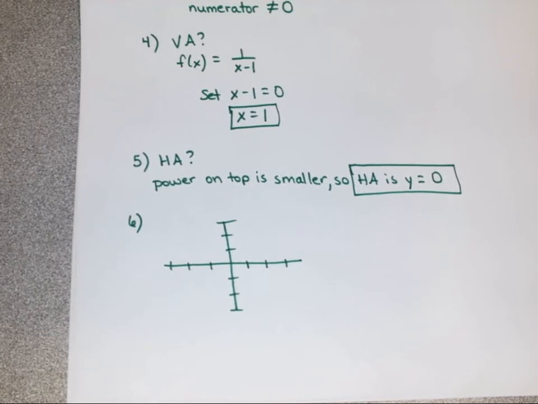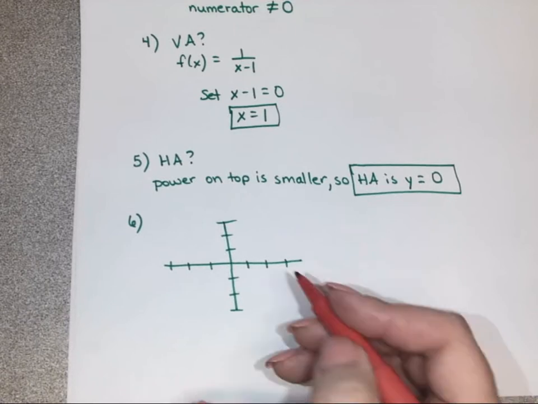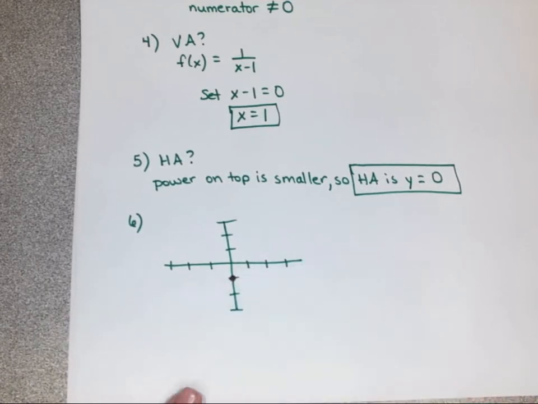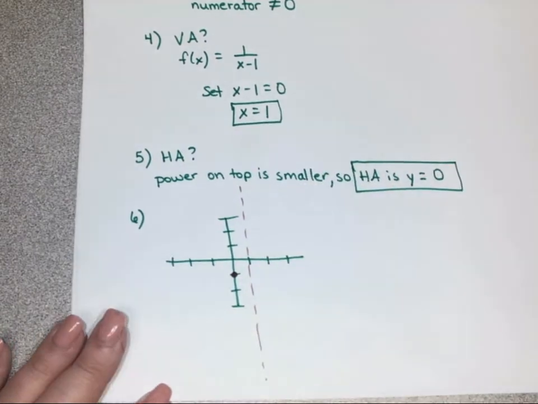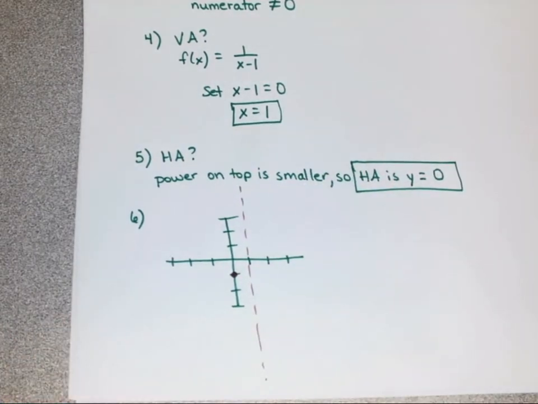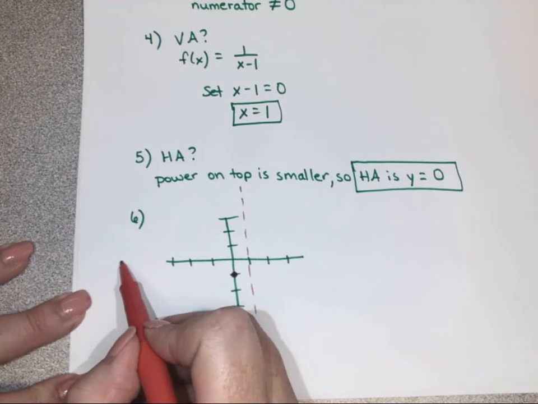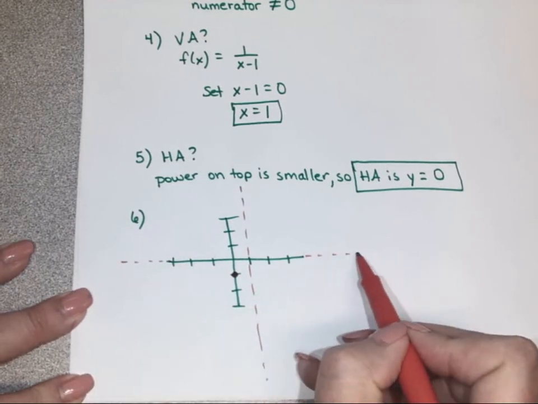So we don't know anything from step 1 since there was no symmetry. We know it crosses the y-axis at -1. It doesn't even have an x-intercept. It has a vertical asymptote at 1, so you're going to draw a dashed line, indicating that the graph's going to get close to that without crossing it. And then we have a horizontal asymptote at 0.